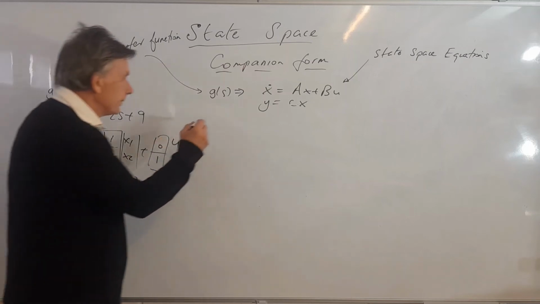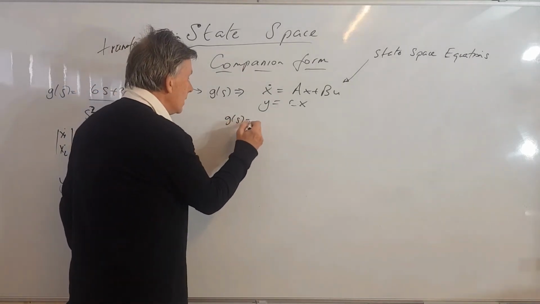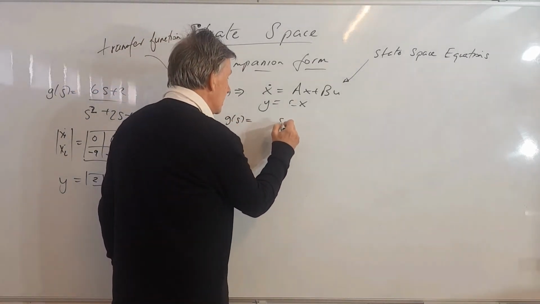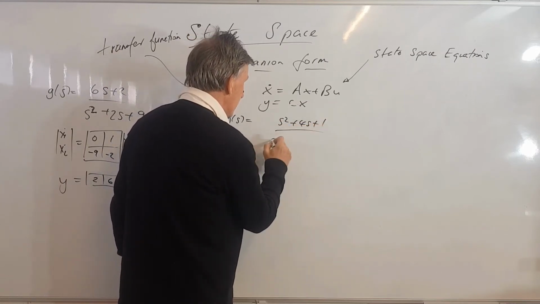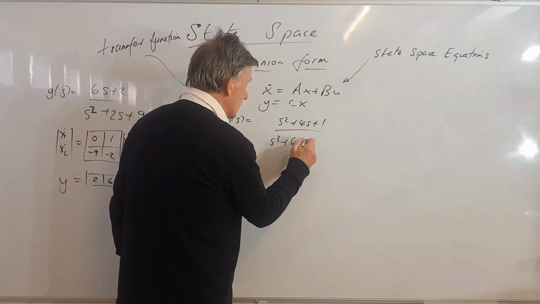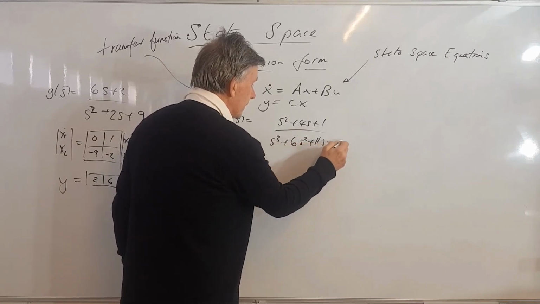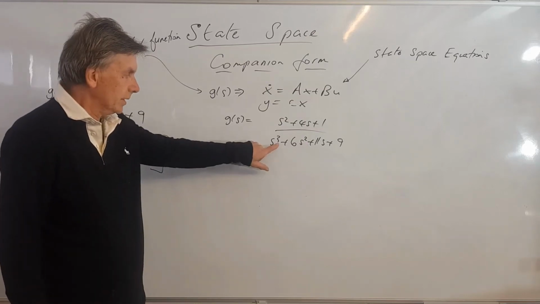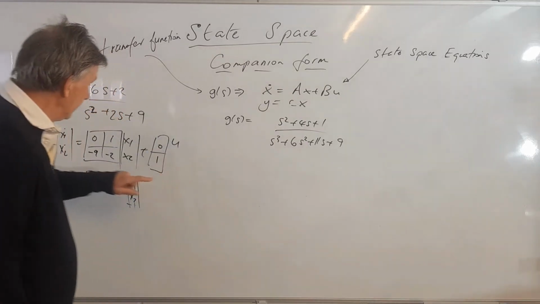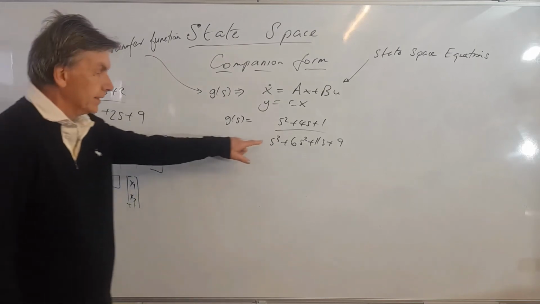So let's do another example. Let's say G(s) is given by (s squared plus 4s plus 1) over (s cubed plus 6s squared plus 11s plus 9). So this time it's a third order polynomial. So rather than having 2 states, we're going to have 3.